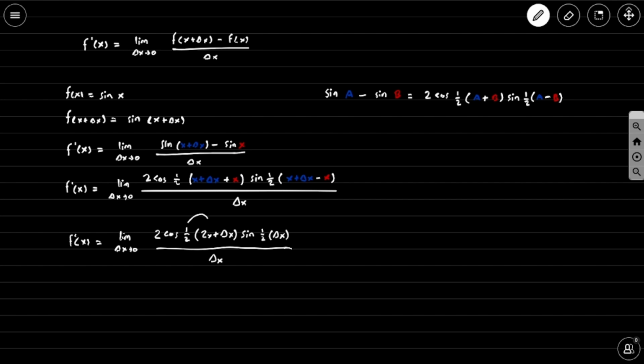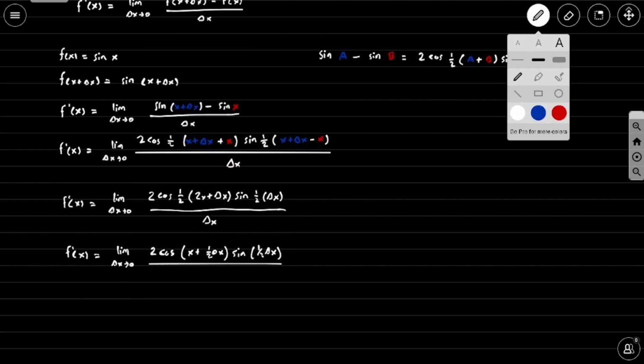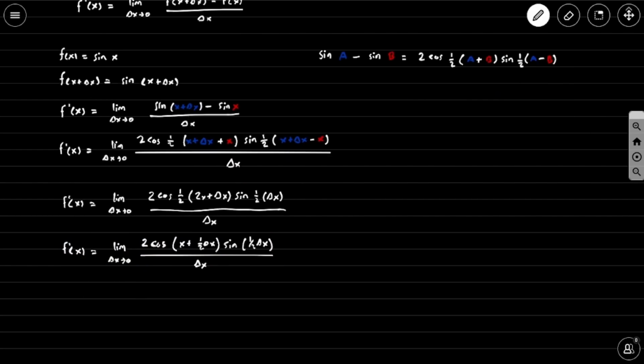Now we're going to multiply both of these halves into both of our parentheses. f prime x equal to the limit as delta x approaches 0 of 2 times cosine of x plus half of delta x times sin of half of delta x over delta x.